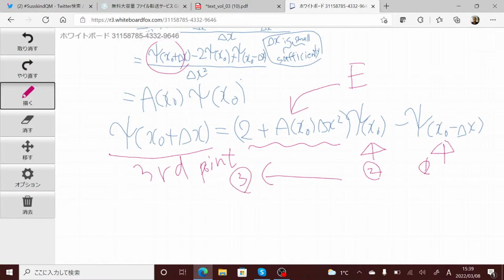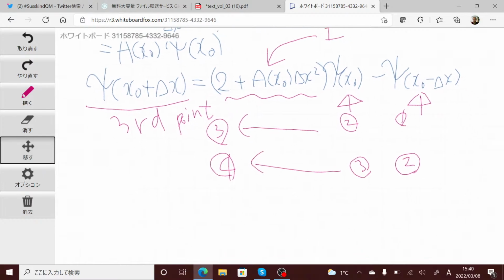And we can repeat the same way. If we have 2, 3, then we obtain 4. Then if we have 3, 4, then we have 5.